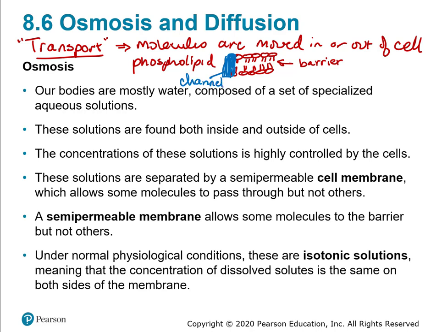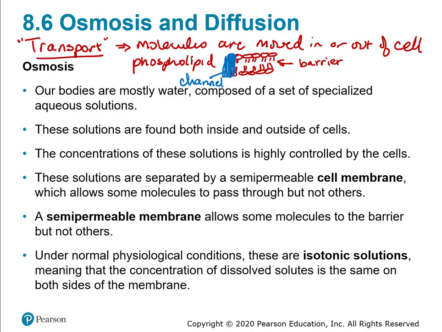And those channels go all the way through. So if you remember that image of the cell membrane where we talked about how the phospholipids make the barrier, and then you've got those integral versus peripheral proteins. So that channel is going to control what goes in and what goes out. So in osmosis, osmosis is really talking about the drive for water to try and balance them.